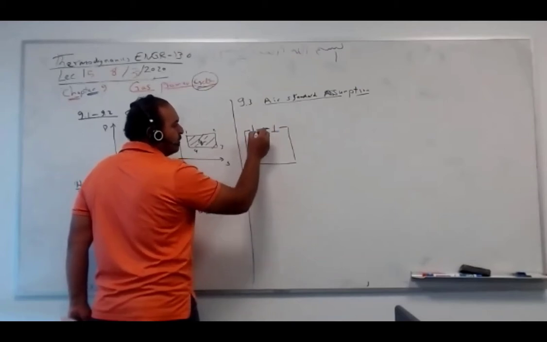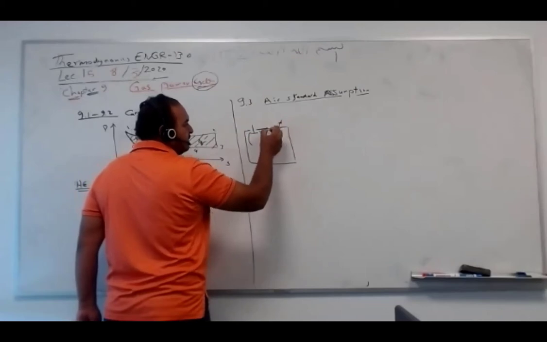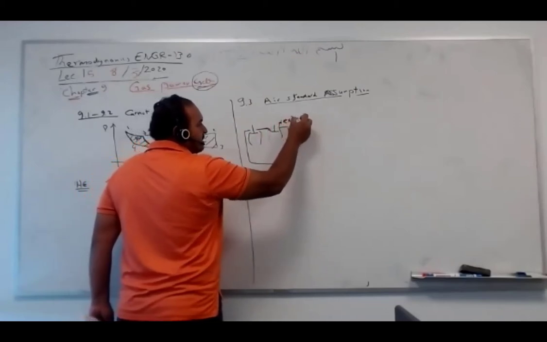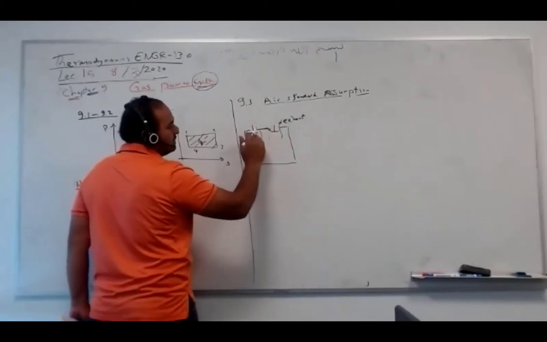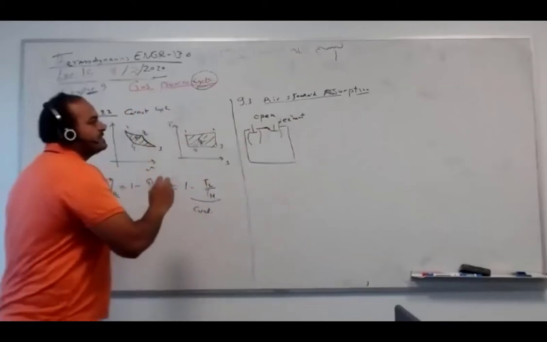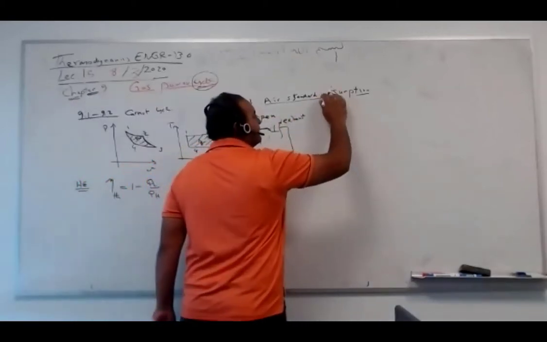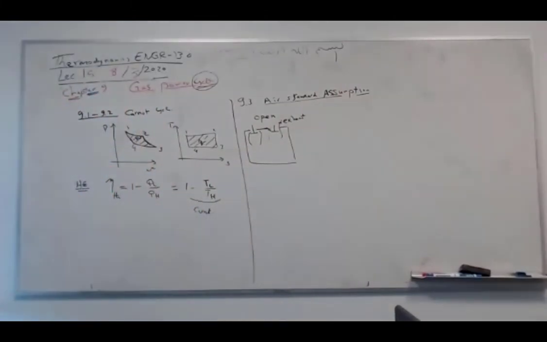The air goes in or the fuel goes in, and the exhaust goes out. This is the exhaust stream. Sometimes in the cycle this is open, this is closed; sometimes both are closed. So the system in reality is open, but we assume it's closed. In reality it's supposed to be open, but we can assume it's closed.